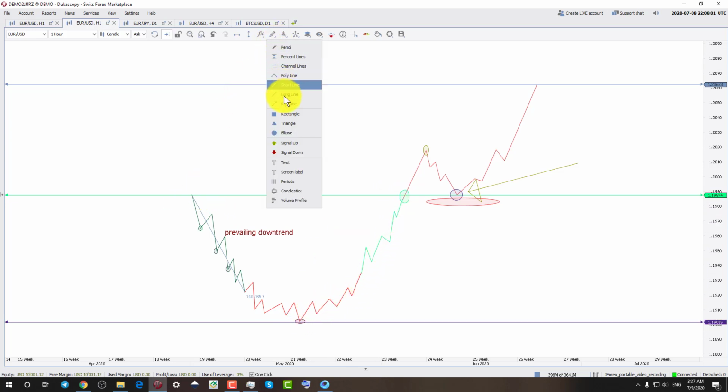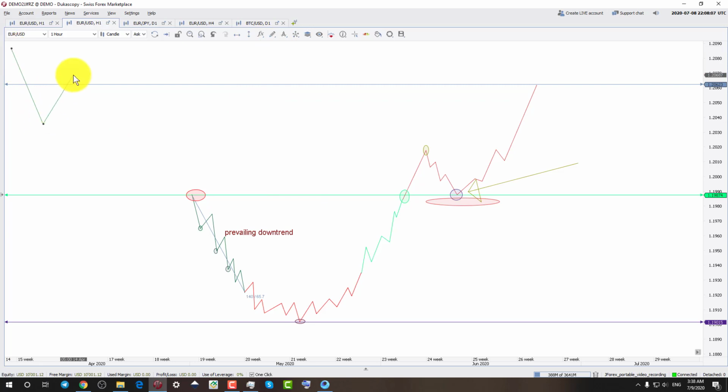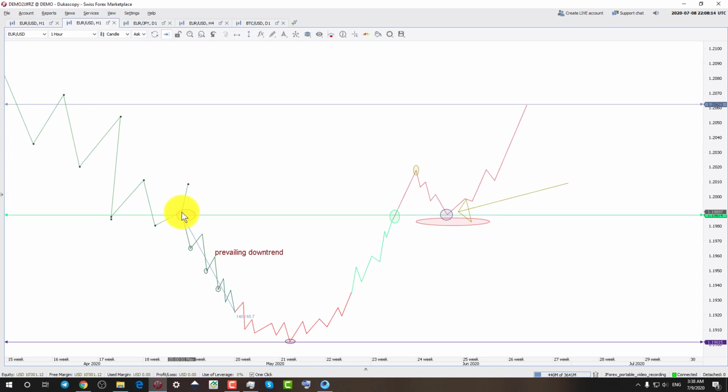Now in the downtrend, if the price was coming like this and it made a reaction high here, whatever is the last prominent reaction high, from there you have to start.